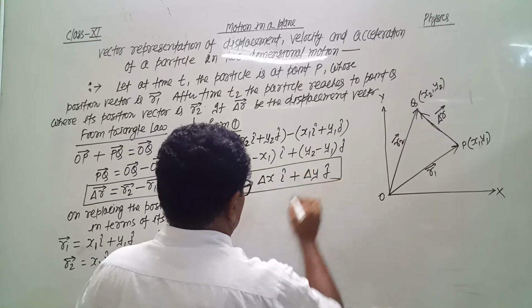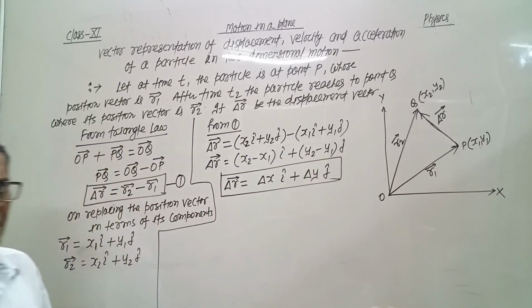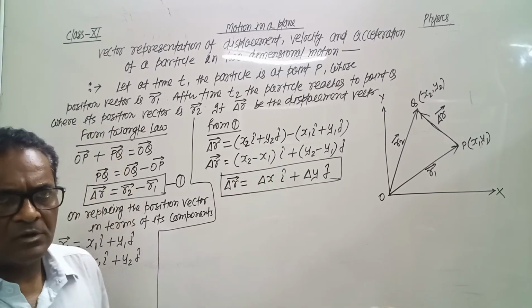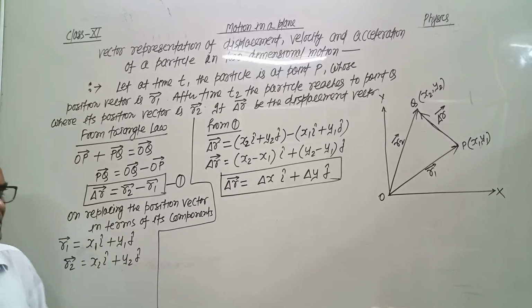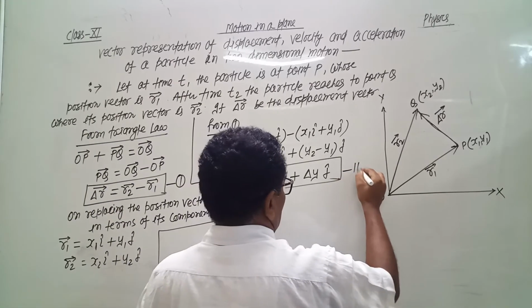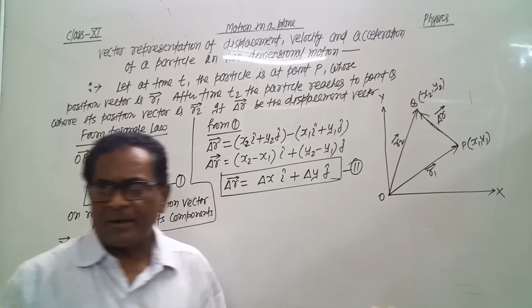So this is the displacement vector in terms of its components, where delta x equals x2 minus x1 and delta y equals y2 minus y1. Name it equation number 2.